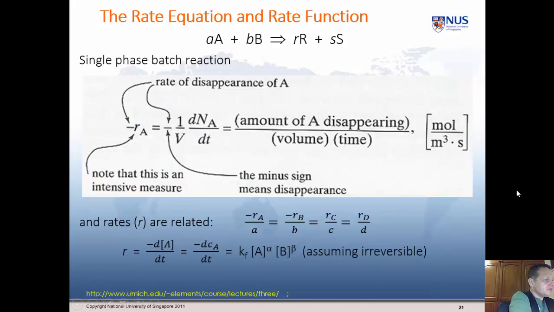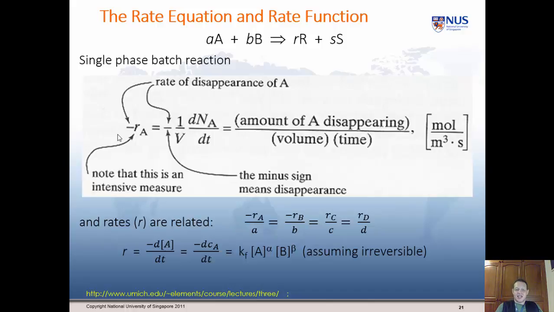Okay, we need to think a little bit now about the rate equation and the rate function. So let's have a chemical reaction. The stoichiometric coefficient is a of species A and b of species B going to r of species R and s of species S. Now, the rate of disappearance of A would be the statement of the rate of the reaction. Now, this is intensive.